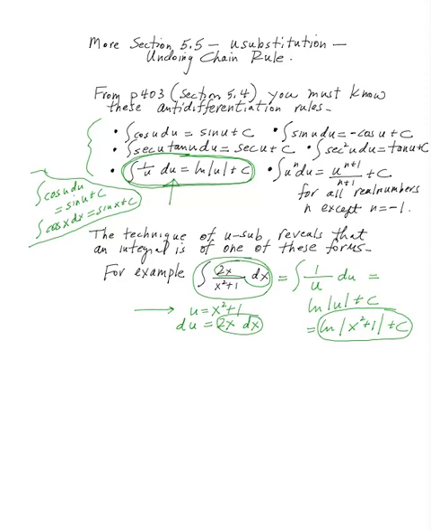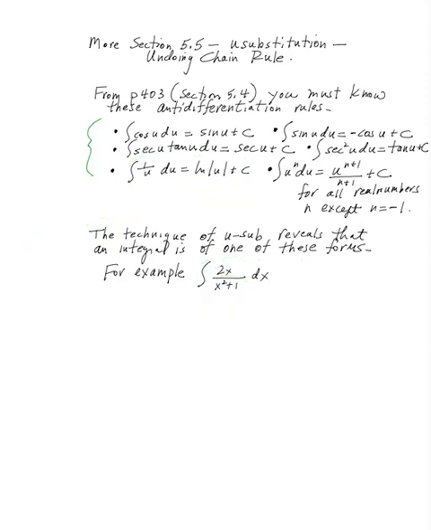The antiderivative of sine x is negative cosine x plus c. The derivative of natural log x is 1 over x, so the antiderivative of 1 over x is natural log x plus c, etc.